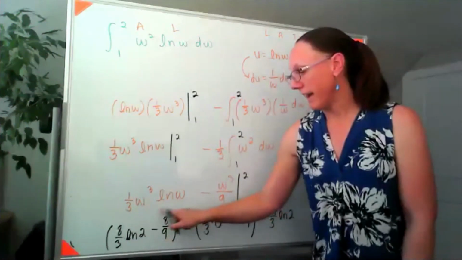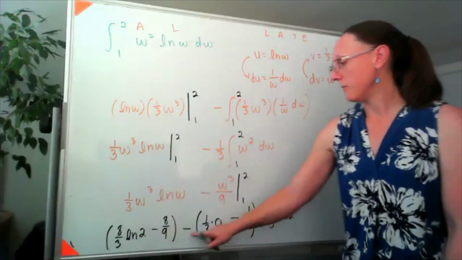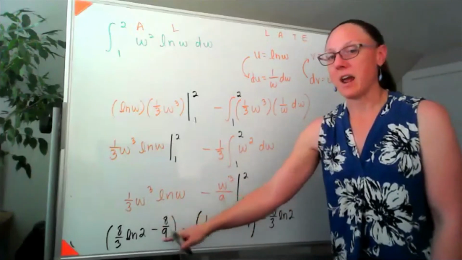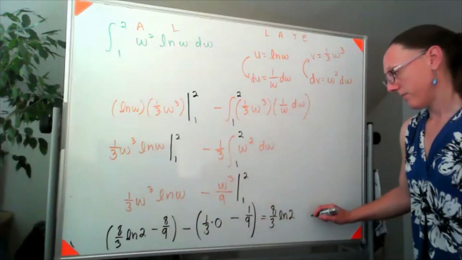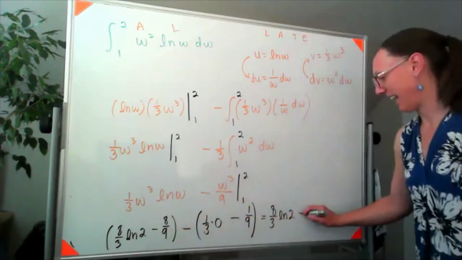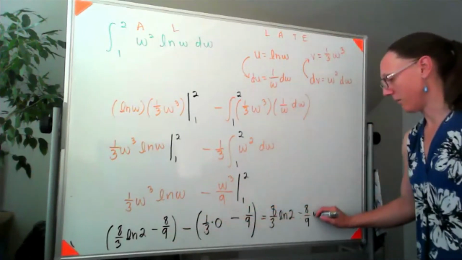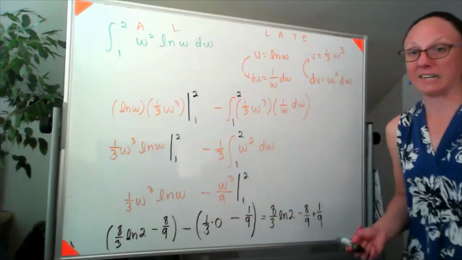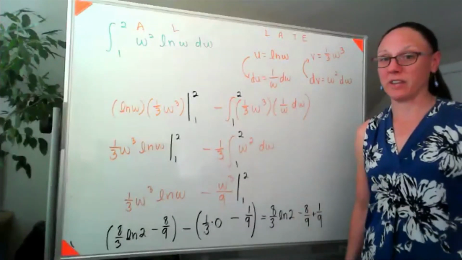But I do have negative 8/9, and when I distribute this minus sign in, that's going to be plus 1 more 9th. Oh, I lied. It's negative 8/9. Negative 8/9. Distribute that minus sign in, plus 1/9. Yeah, that doesn't get a whole lot better. You could call that minus 7/9. But I think that's the best we're going to do without a calculator.